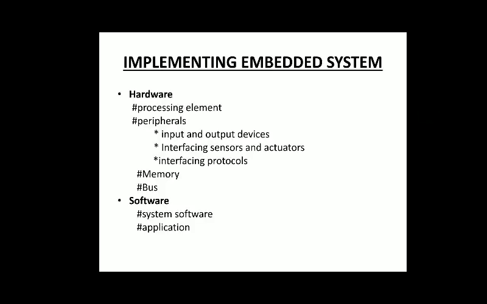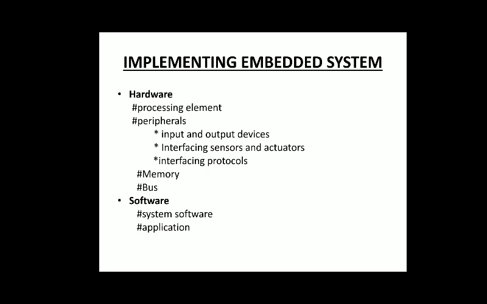Next we have implementing the embedded system. How can we implement the embedded system? First is hardware implementation, next is software implementation. One important part is the processing element, and we have to select the processing element according to the requirements of the embedded system.